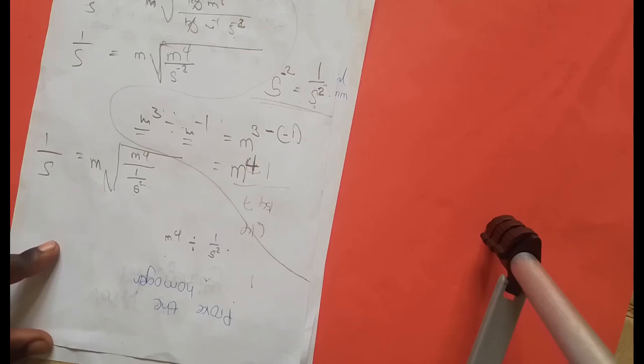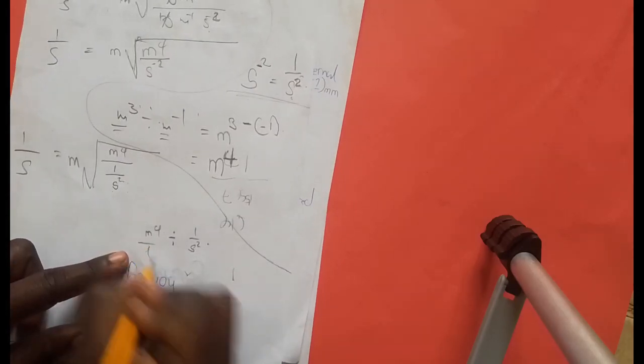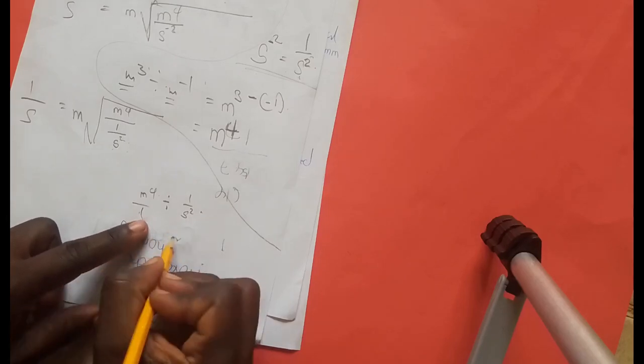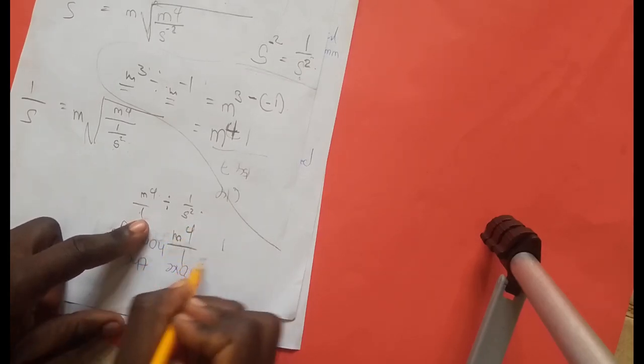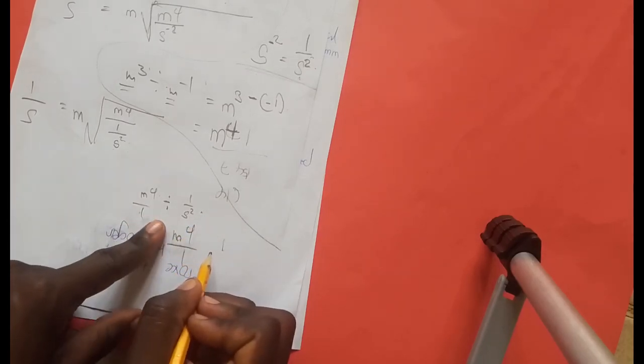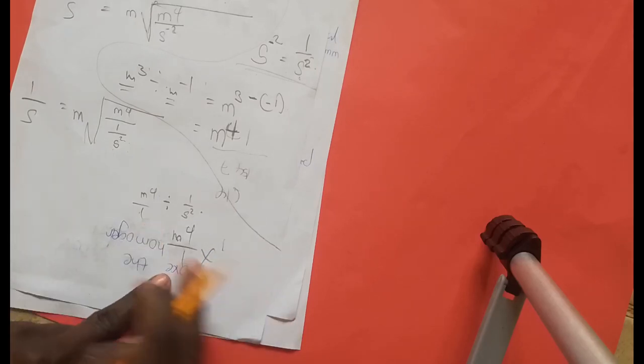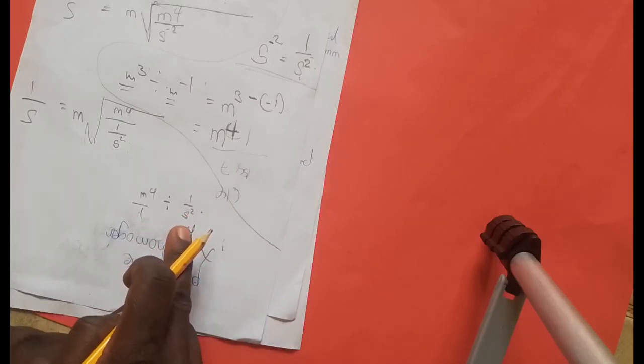Then obviously if you simplify this, m to the power 4 over 1, the division sign will change to a multiplication sign, and this will somersault.